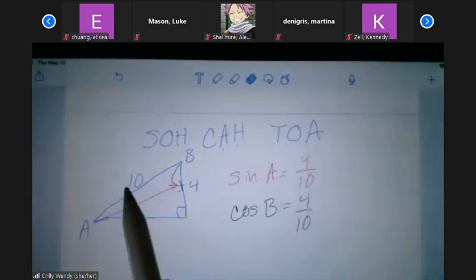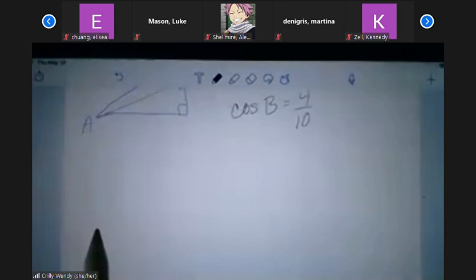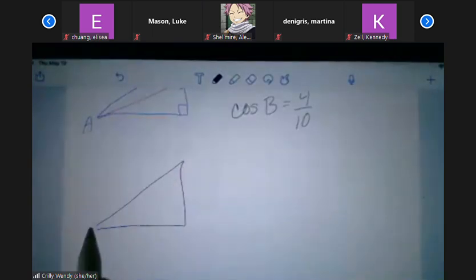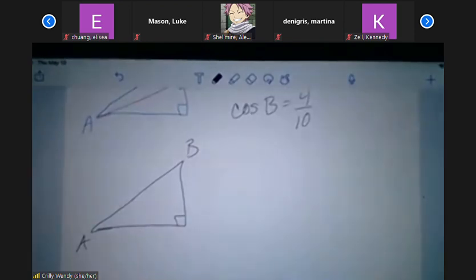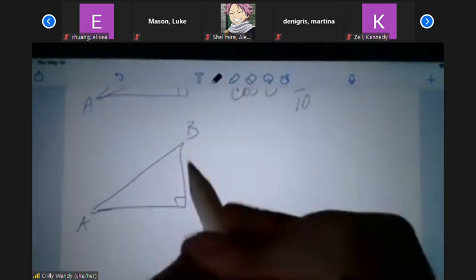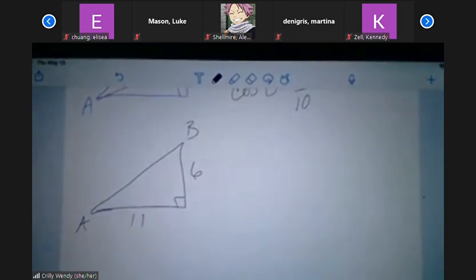Now, maybe I didn't know the hypotenuse. So let's say I actually had the 2 legs. So this is 6 and this is 11.